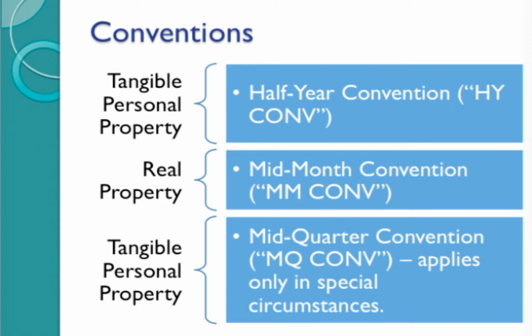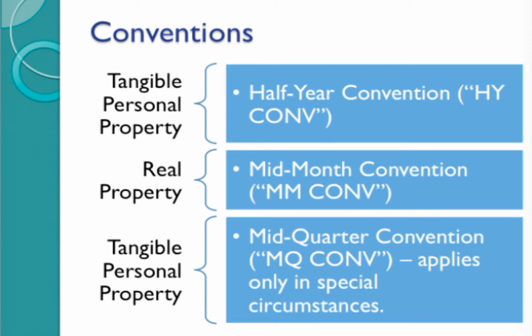Under the half-year convention, no matter what the actual date is, if it goes into service this year, you assume a service date of the midpoint of the year. So in the first year, you recognize 50% of one year's worth of depreciation on that asset.